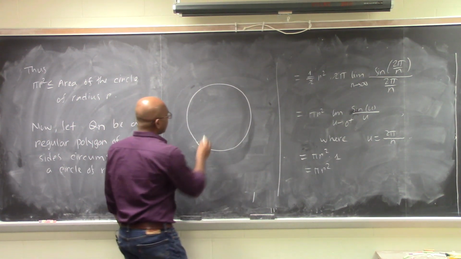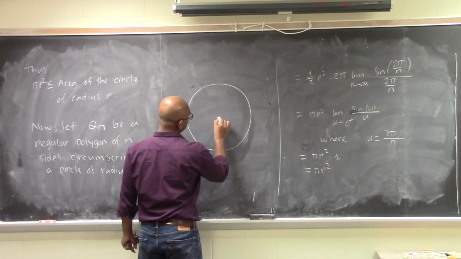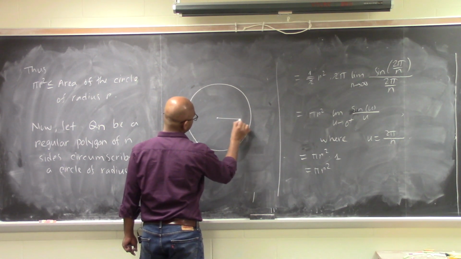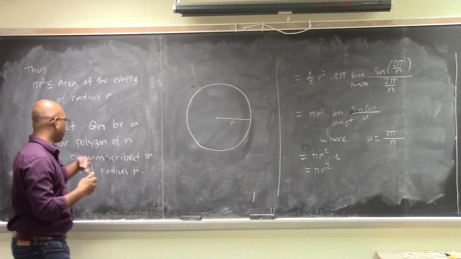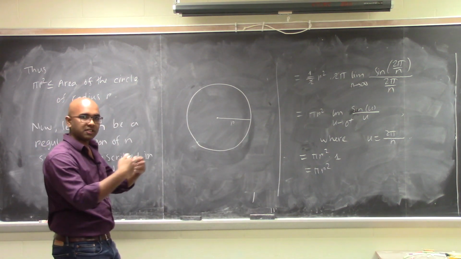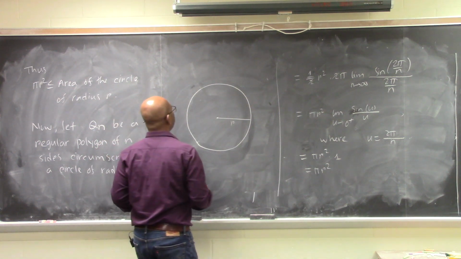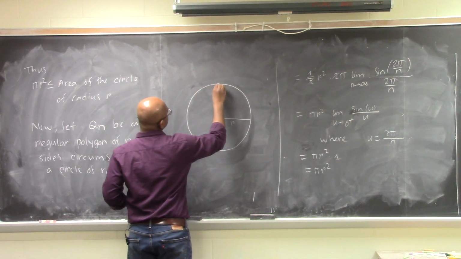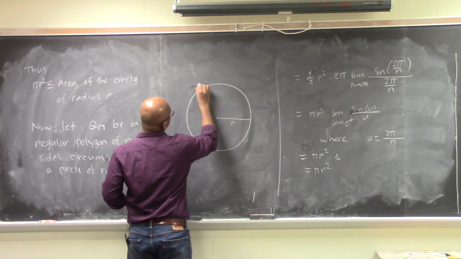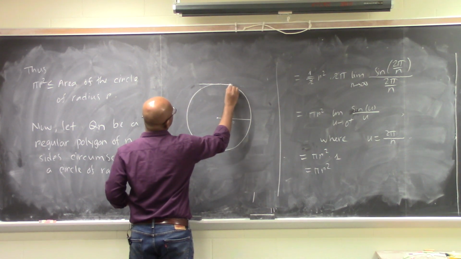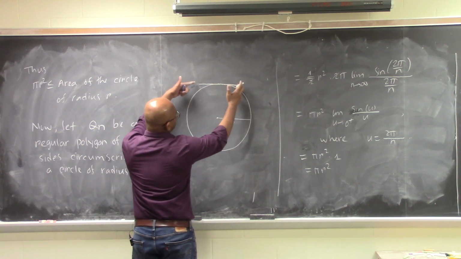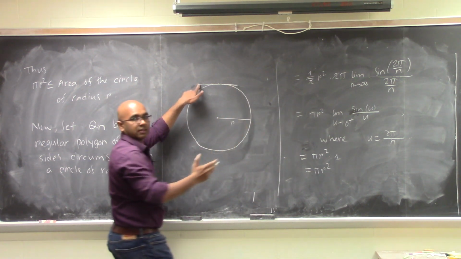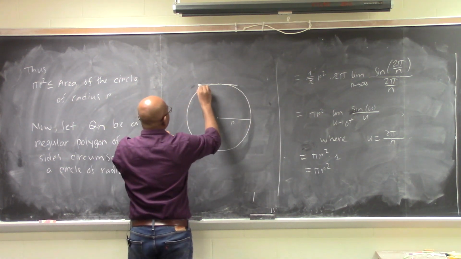Kind of is good. So let's say this radius is r. Now instead of taking inscribed polygons, we will take circumscribed polygons. So they will have sides which are tangent to this circle. Okay, so let's take this to be our first. And all the sides have to be of the same length. That's why it is regular.